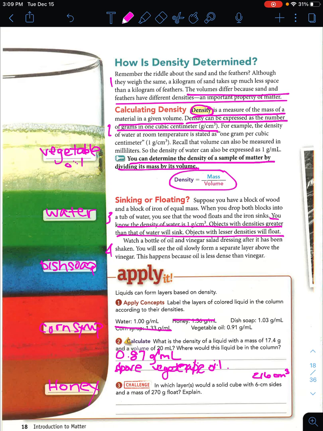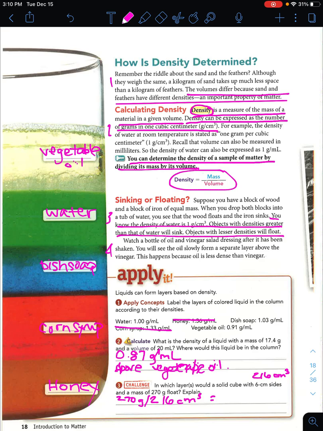Now I need to do a little bit of math. I need to divide my mass, which is 270 grams, divided by my volume, which is 216 centimeters cubed. That's going to get me the density of my cube.